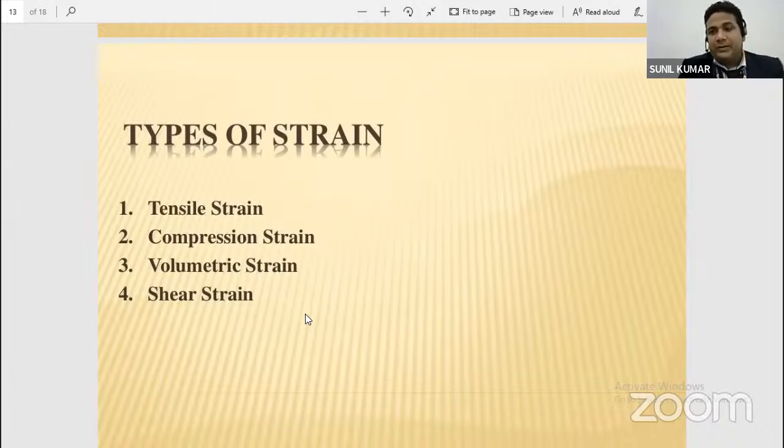Suppose a rectangle ABCD, where A and D, the axes, are fixed. When we apply a force at the position of B, B and C are shifted to new positions, suppose B dash and C dash, making an angle phi.